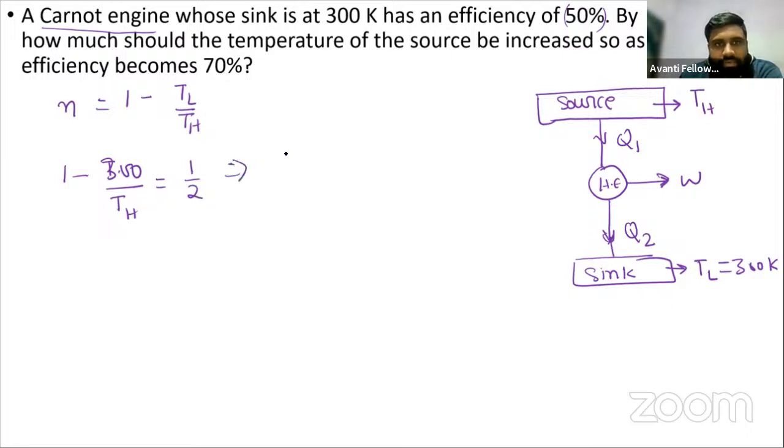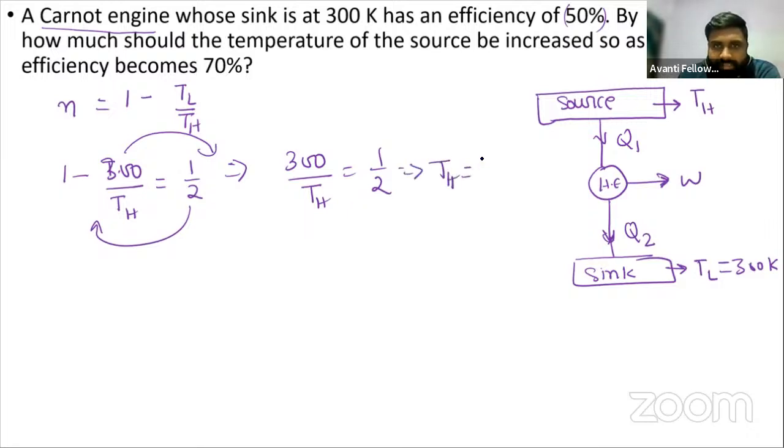By doing some calculation, 300 by T higher is equal to 1 by 2, because 1 minus 1 by 2 will become 1 by 2. So T higher is nothing but 600 Kelvin, for the case when eta is 50%.